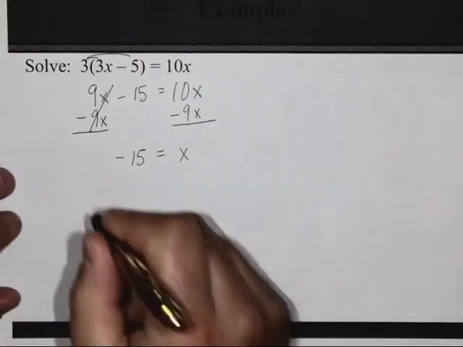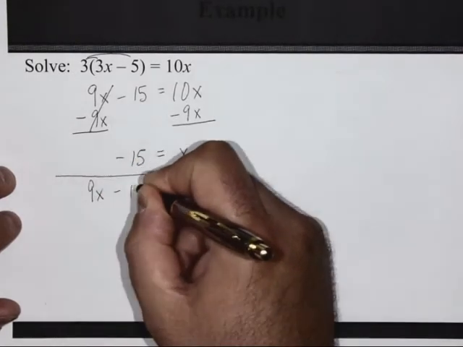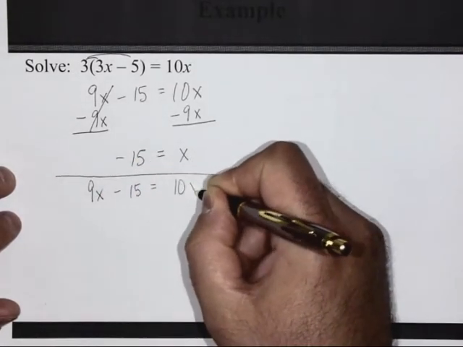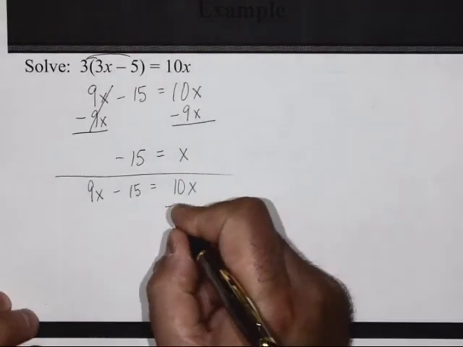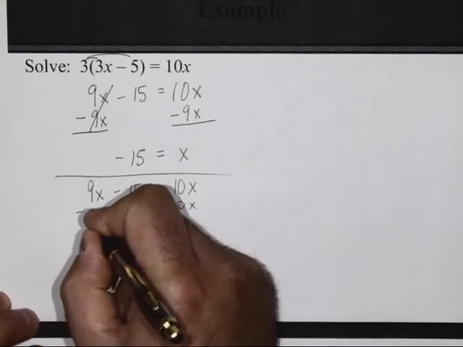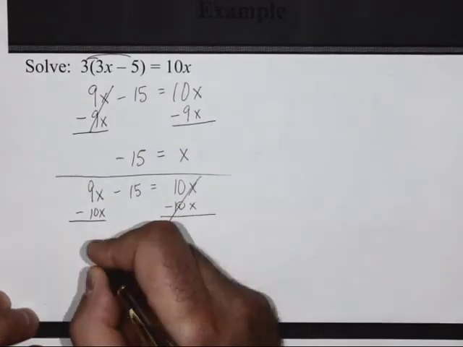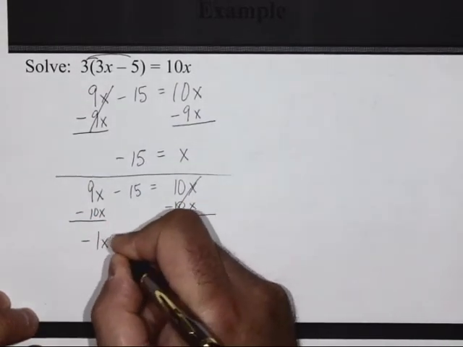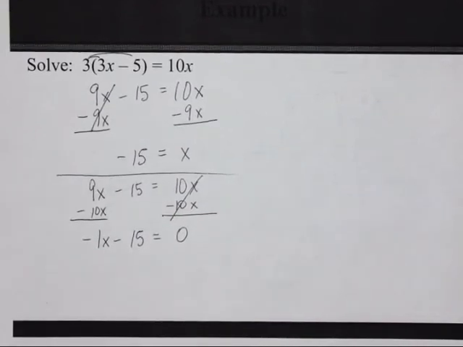Here's another way you could have solved the problem. Let's say instead of subtracting 9x from both sides, I subtract 10x from both sides. So I get negative 1x minus 15 equals 0. So then I would have to continue to try to isolate x.